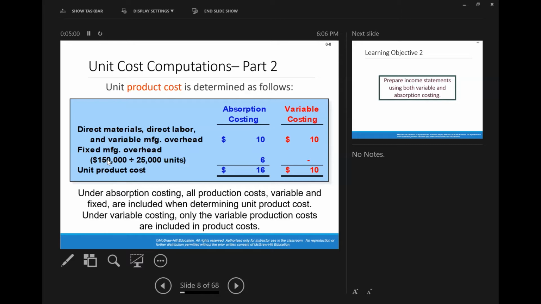So we're just going to do the math on that to come up with what it is per unit. So we get $6. Our total unit product cost is $16. So for variable costing, we're only bringing in that variable manufacturer overhead, not the fixed. So it's just the $10.